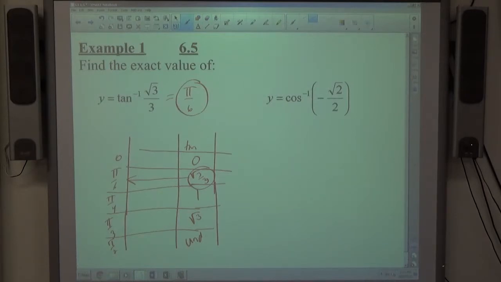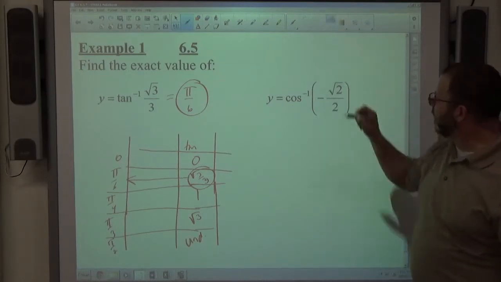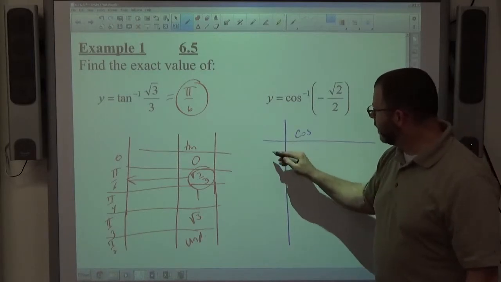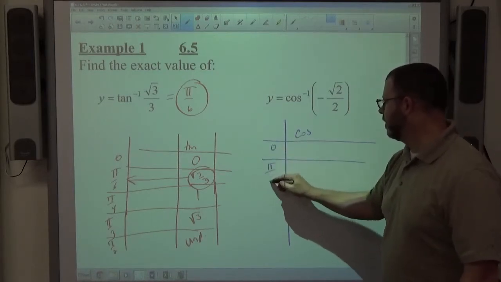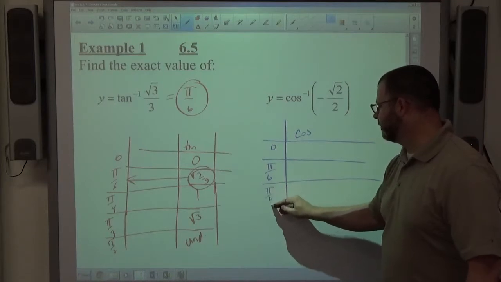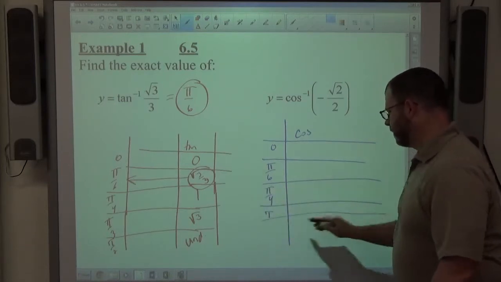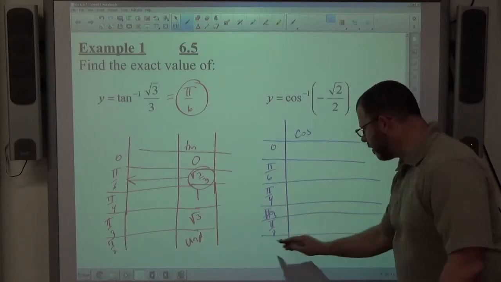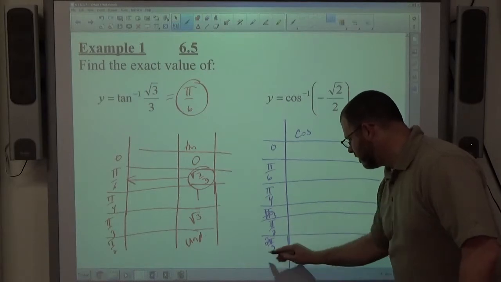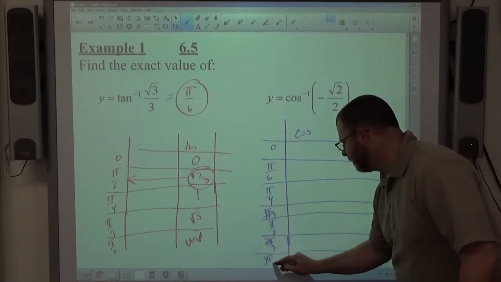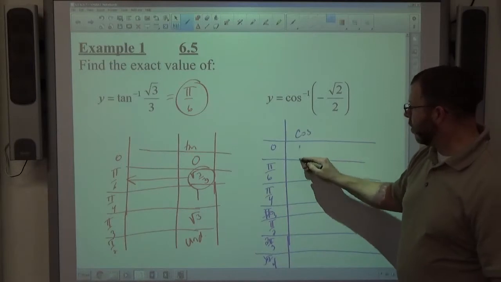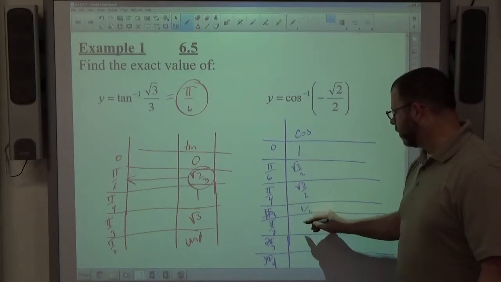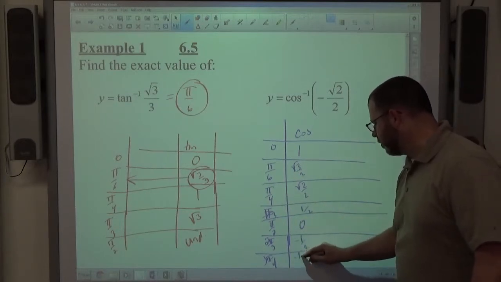Same deal for inverse cosine of negative square root of 2 over 2. Again, if I have my sheet, here's my cosine column, and I've got 0, pi over 6, pi over 4, pi over 3, pi over 2, 2 pi over 3, 3 pi over 4, and so on. Cosine of this is 1, then the square root of 3 over 2, then square root of 2 over 2, then 1/2, 0, negative 1/2, negative square root of 2 over 2, and so on.